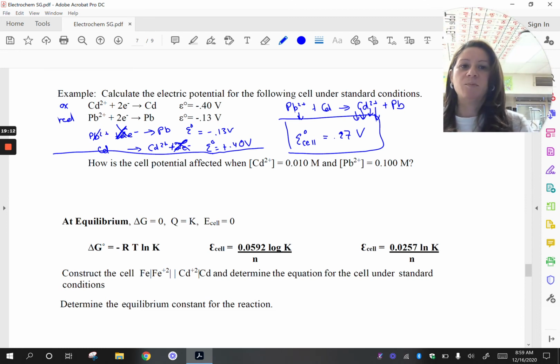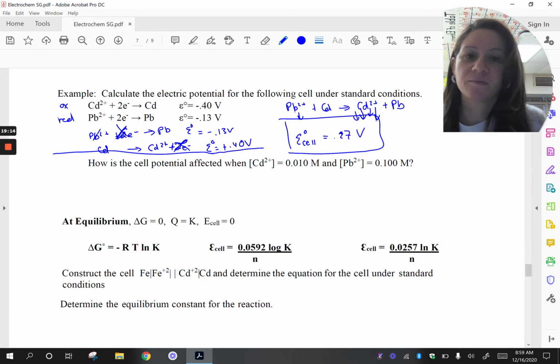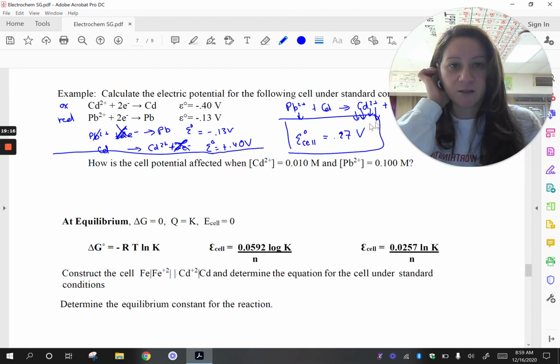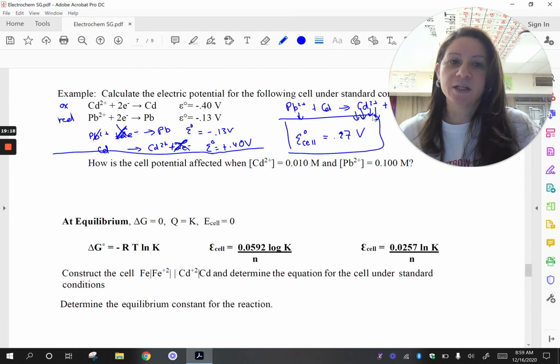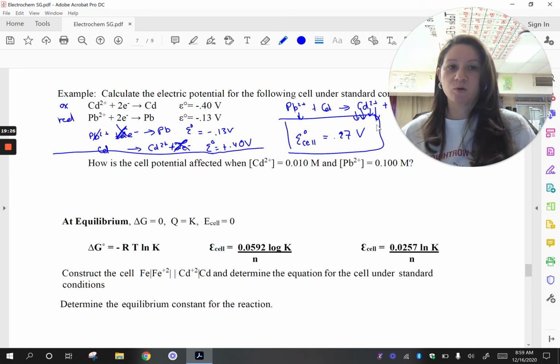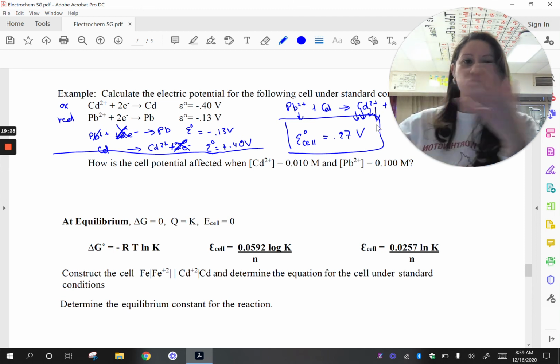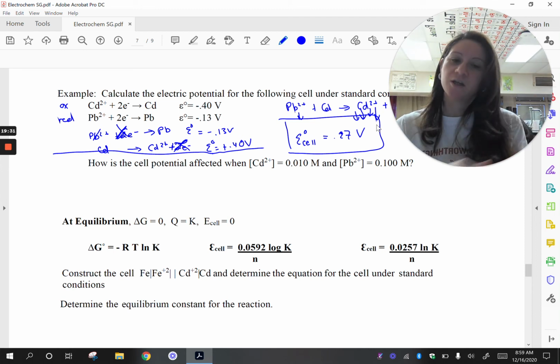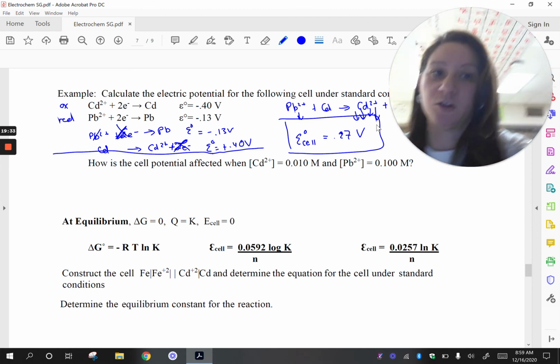So how does that affect things? Well, if I'm dropping this a lot more, then that means I have too few products. And if I have too few products, it's going to become more driven to make more products, and your cell potential would increase.